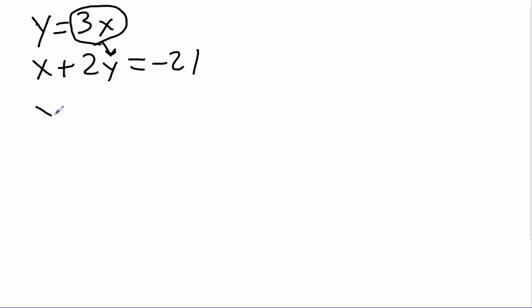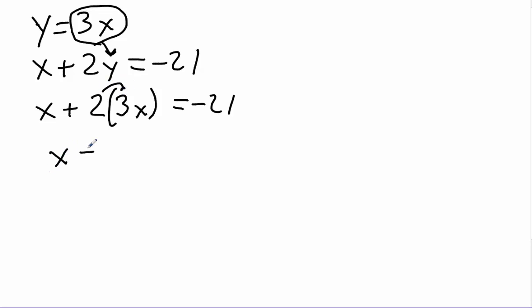Once we do that, it's going to be x plus 2, since it was 2 times y, and we're replacing y with 3x, it becomes 2 times 3x equals negative 21. Now we need to simplify this. We can distribute the 2, multiply, so we get x plus 6x equals negative 21.